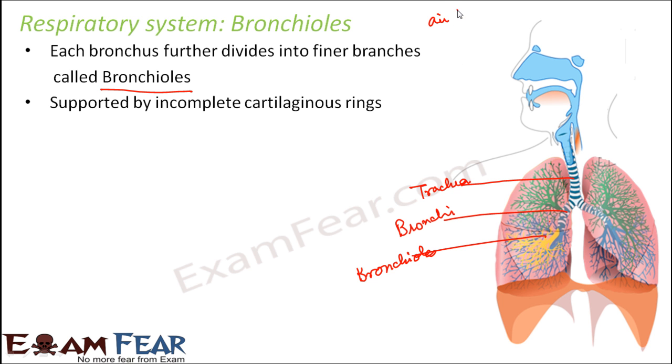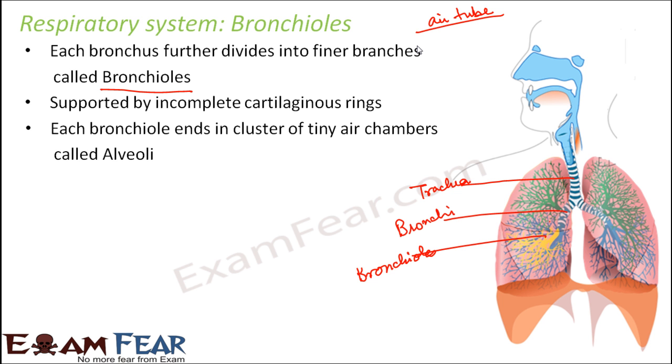Whether you talk about bronchi, a bronchiole or a trachea, they are all air tubes, tube-like structures which carry air. When air is not there inside, there are chances that it might collapse. So to prevent it from collapsing, they are all surrounded by cartilaginous rings, because cartilage gives stiffness and stability to the tube.